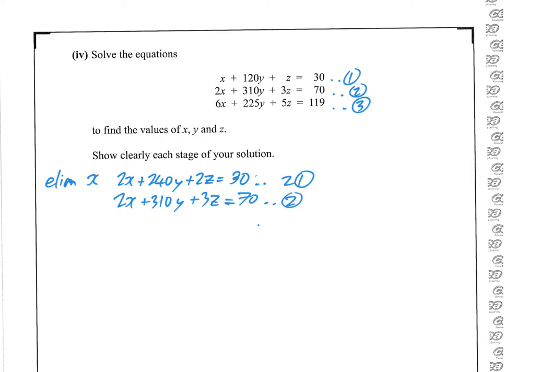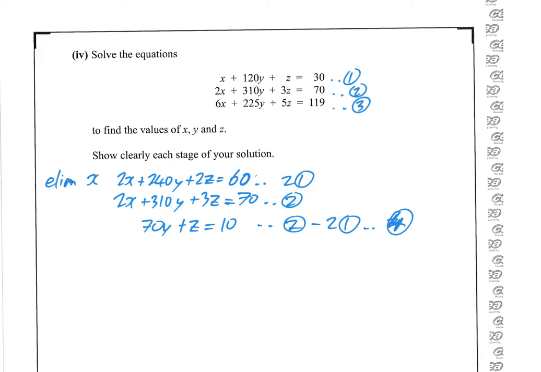That was my equation 2, and I'm going to do equation 2, take away my 2 times equation 1, and that's going to give me a new equation 4, which will have no x in it. So if I do that, I will get 70y plus z is equal to, 2 times the 30 is 60. So then 70 minus the 60 is 10. So that's my equation 4.